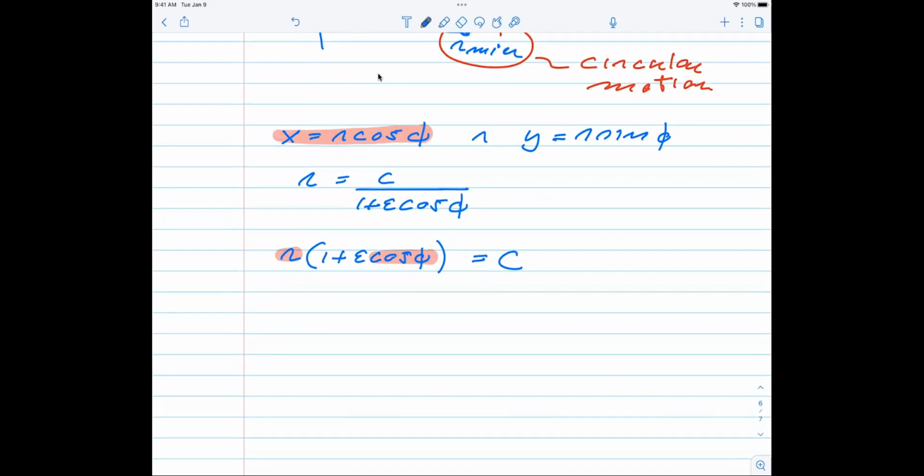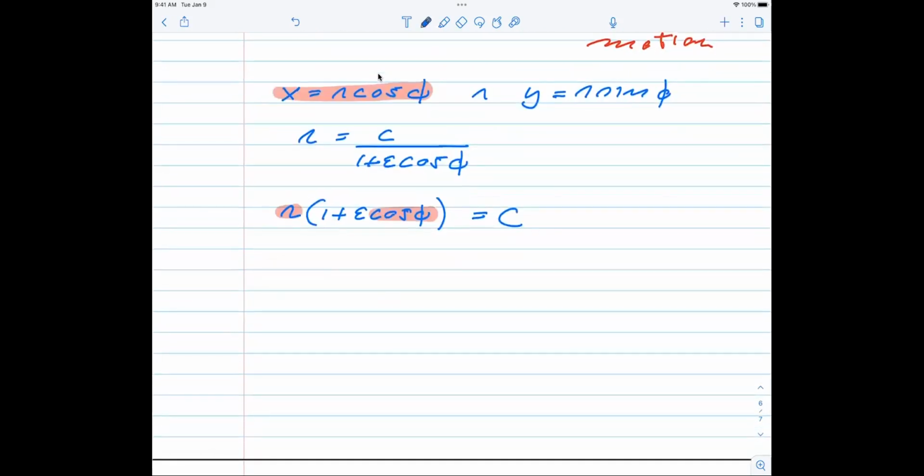So what I can do now is simply to rewrite this equation here in terms of r plus epsilon times x equal to C, and then I isolate r. So this is C minus epsilon x, and then we square both sides.